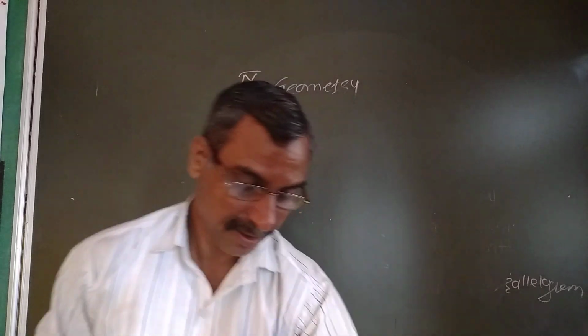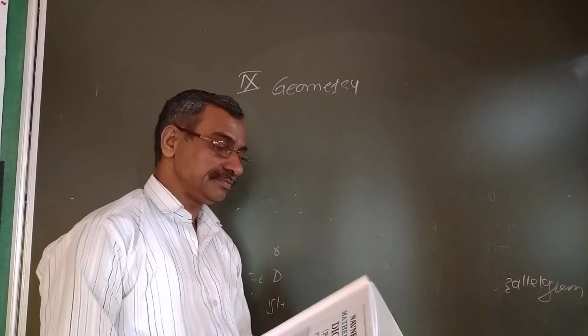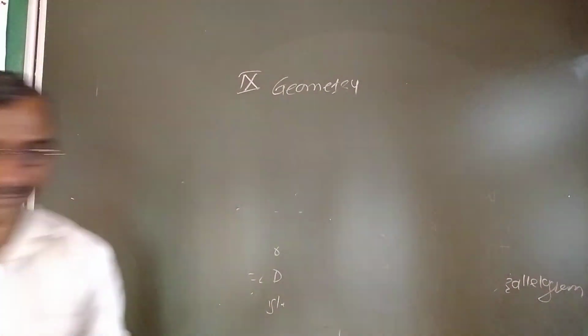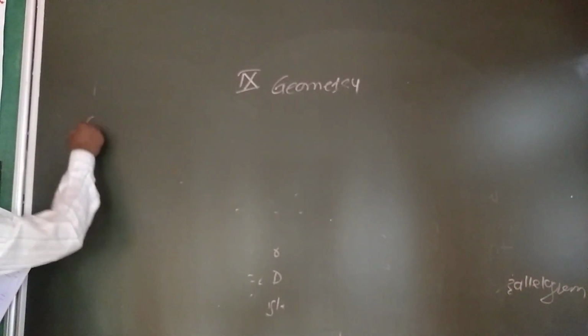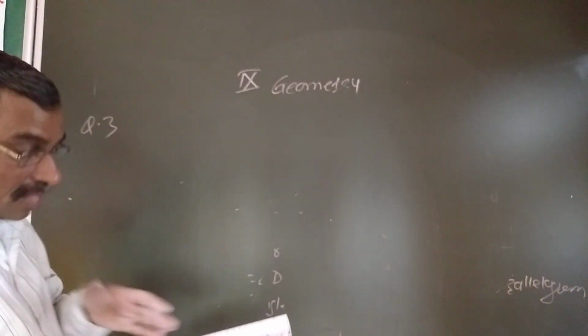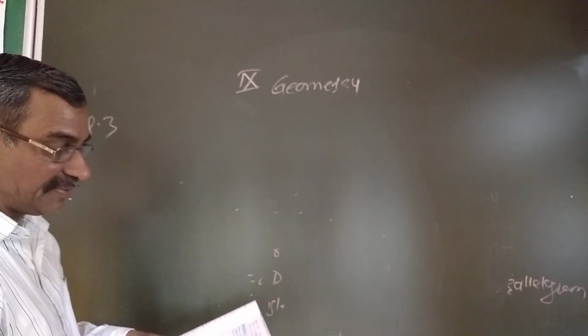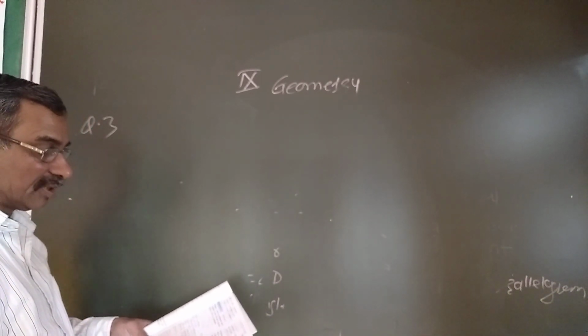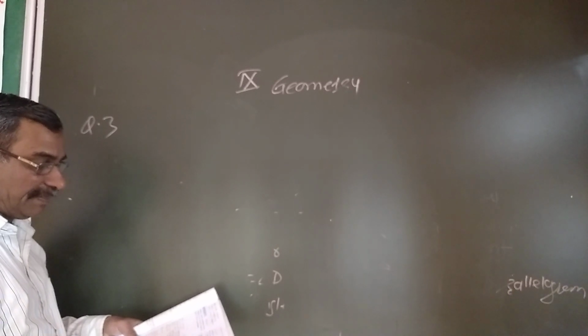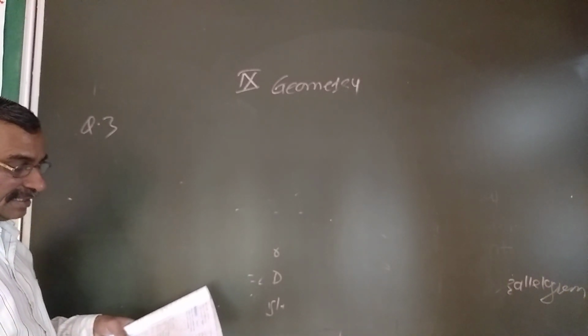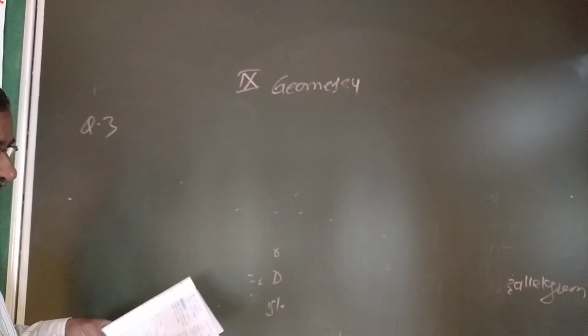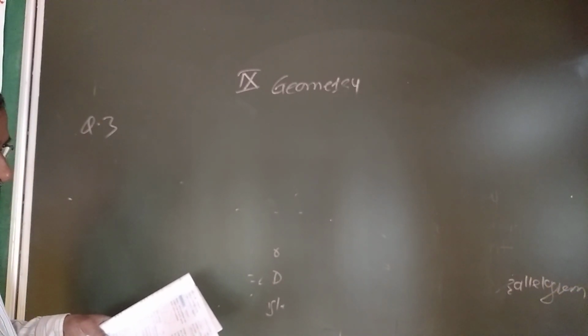Question number 3 of the same exercise. I will read the question. In the figure, G is the point of concurrence of the medians of triangle DEF. Take the point H on the ray DG such that GH is equal to DG. Then prove that GEHF is a parallelogram.